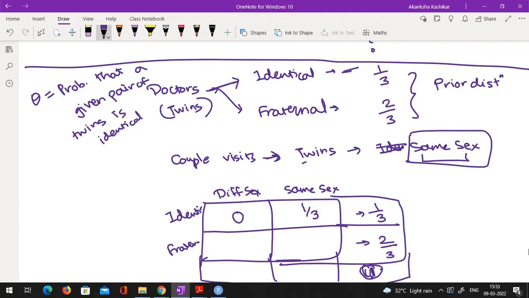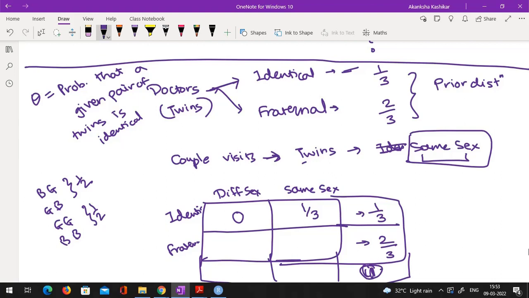In fraternal twins, what are the chances of both being of the same sex and both being of different sex? There are 4 possibilities: boy girl, girl boy, girl girl, and boy boy, and all are equally likely. We'll assume that in general the sex ratios are the same. So this has probability half, this has probability half, correct?